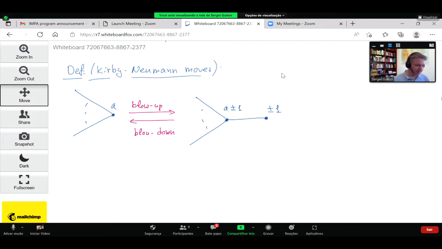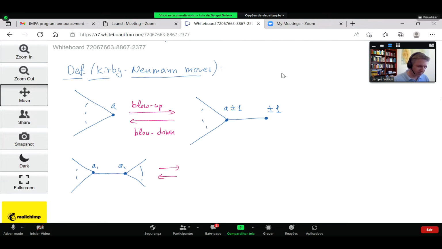Okay. So another version of this move, also called blow up and blow down, is the following. It involves two vertices which are connected by an edge. In fact, that's also a generic situation in a graph. So if you have A1, A2 as decorations of these two vertices, we can consider analogous equivalence relations going in either direction.